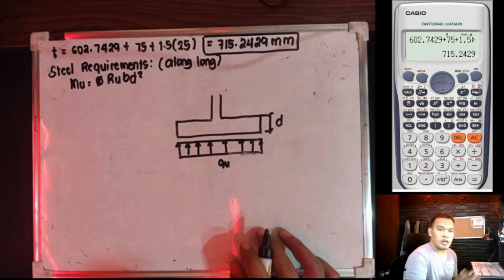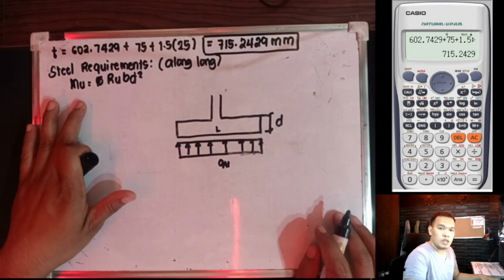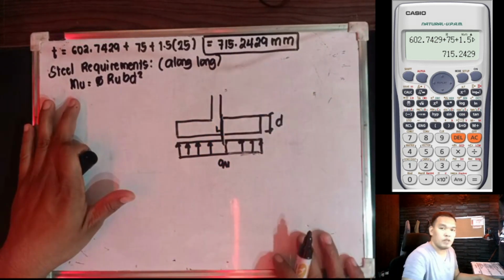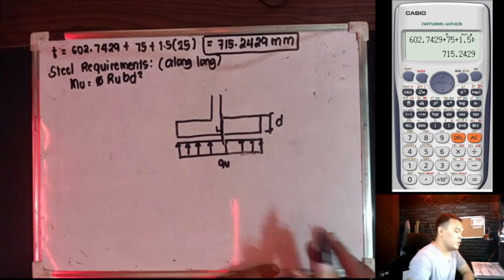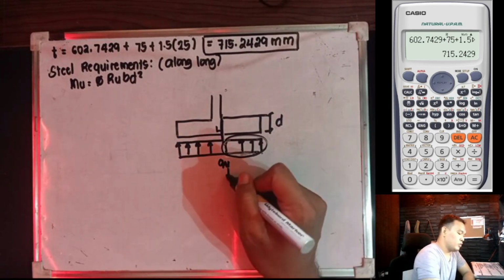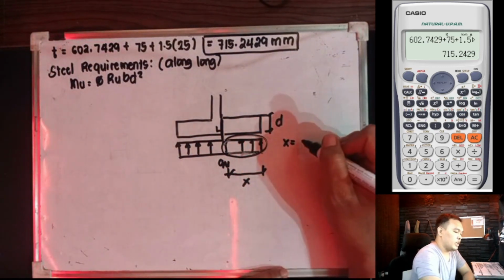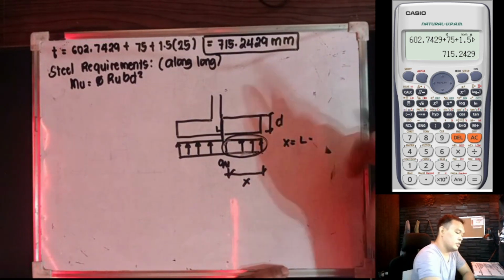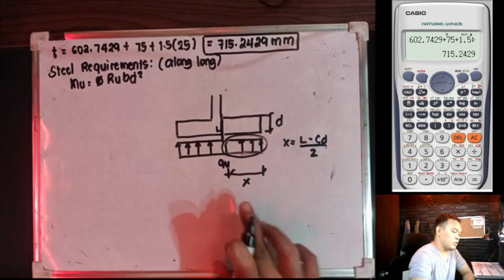Then, kapag kukunin natin yung MU, ito ay si L ha, ang length nito ay L. So, kapag kukunin natin yung moment MU, tama bang ikakat ko dito sa critical section which is the face of the column. So, kapag kukunin ko yung MU, tama bang itong uniformly distributed na yan, so sabihin ko ito yung distance ay X, which is X is equivalent to L minus 400 or the column dimension all over 2. Okay? So, lagay ko muna siya as X.